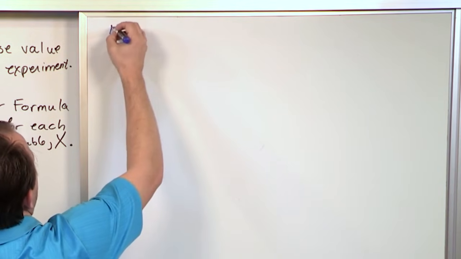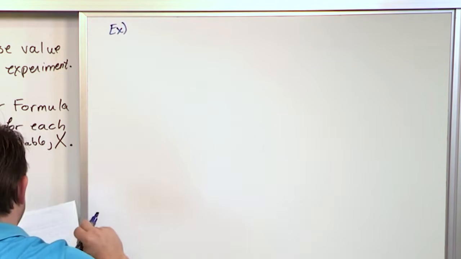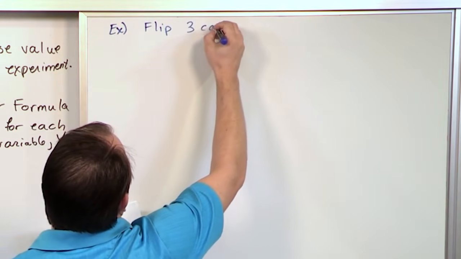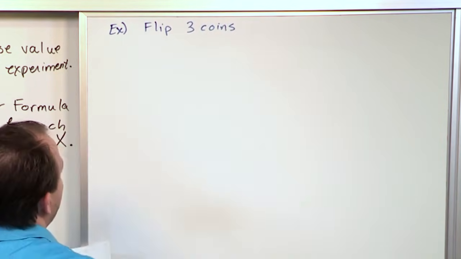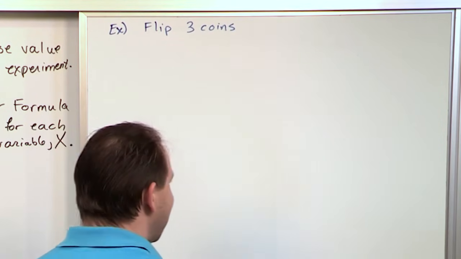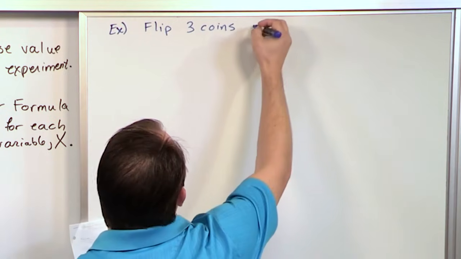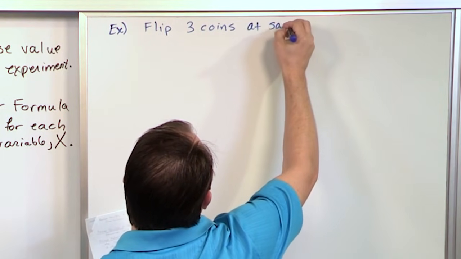So for an example of a discrete probability distribution, let's flip 3 coins. So we're not just flipping a quarter, we're flipping 3 quarters at the same time. So we go flip, flip, flip, and we observe the results, right? At the same time.